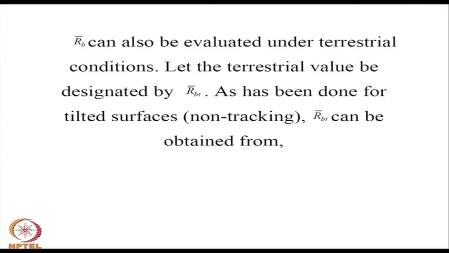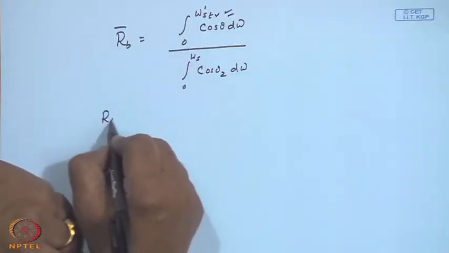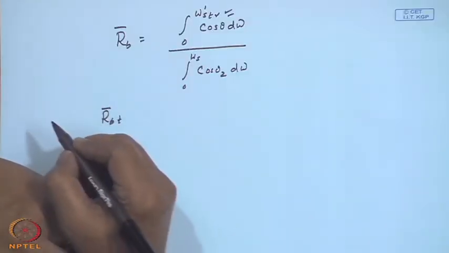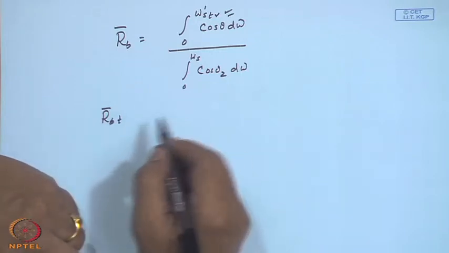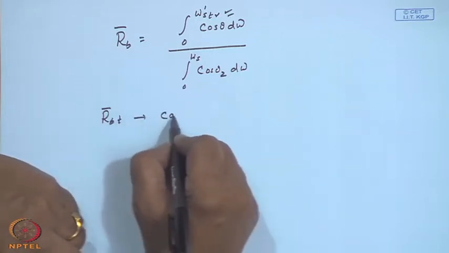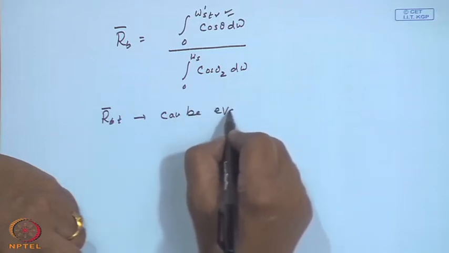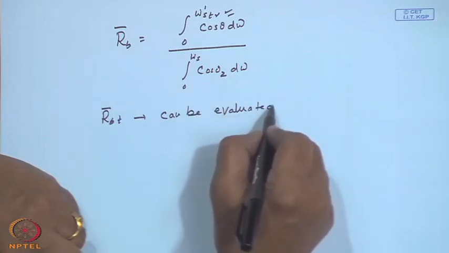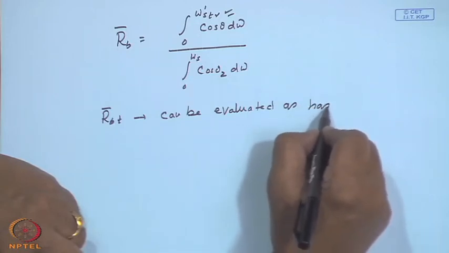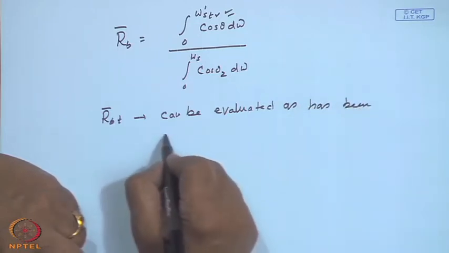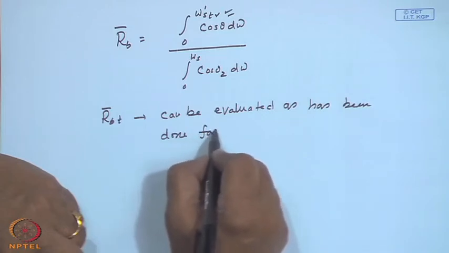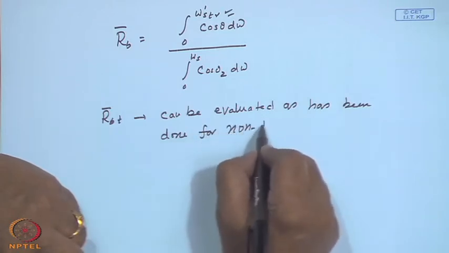Now, we have done this calculation under terrestrial conditions for fixed orientation surfaces, which we called RB bar T. Okay. We can do similar, can be evaluated as has been done for non-tracking surfaces.